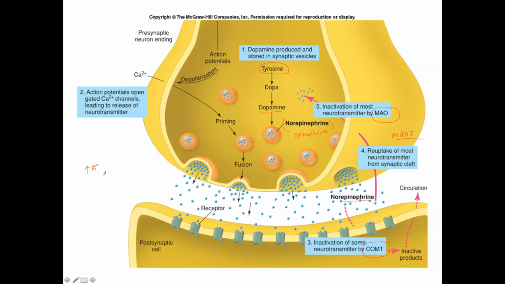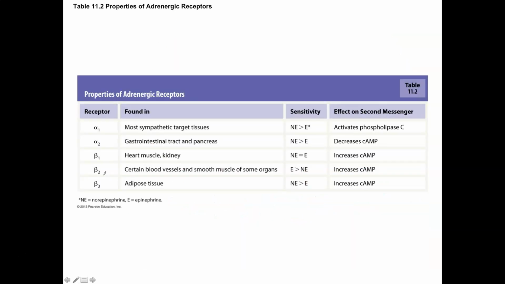In terms of the responses to adrenergic stimulation, if we look at the overall response, we want to focus on the idea that norepinephrine and epinephrine are really sympathetic chemicals. So we see a lot of the sympathetic effects, especially out in the periphery.